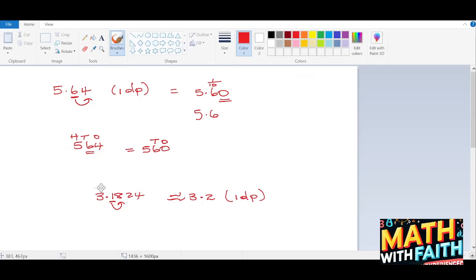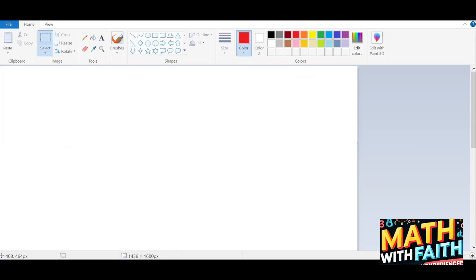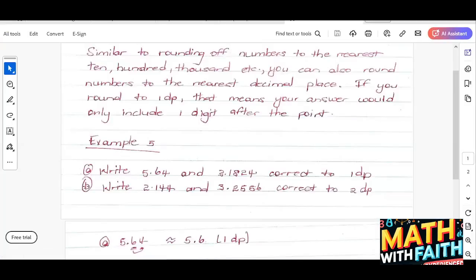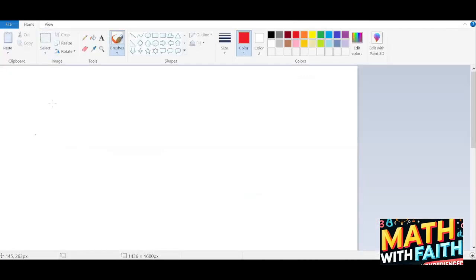All right. Let's look at the second example. It's 2.144 to 2 decimal places. So we're approximating it to 2 decimal places. So it's 1, 2, and we're looking at this one. Now, as usual, we look at the next number.